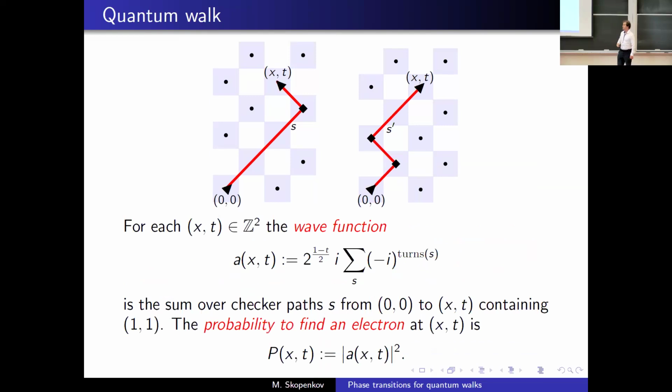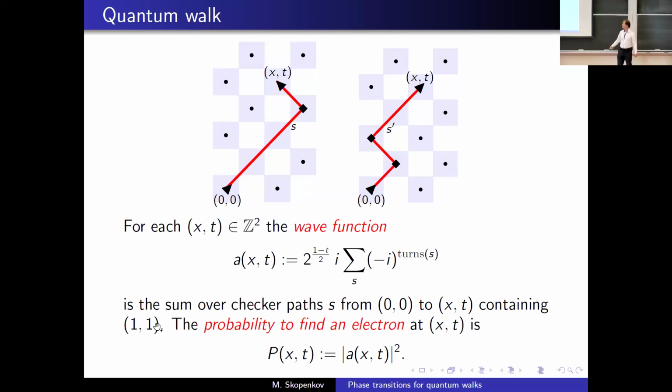We now introduce the wave function at a given integer point xt. It is given by the following formula. Here, the coefficient in front of the sum is just some normalization coefficient. And the sum is over all possible checker paths from the origin to the given point xt, passing through the point (1, 1).